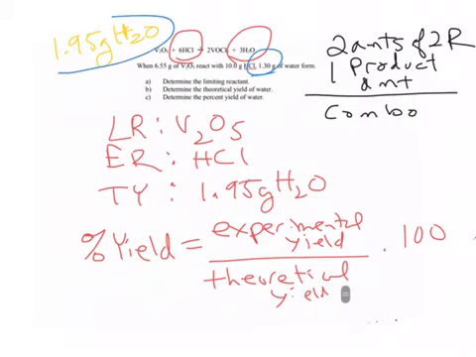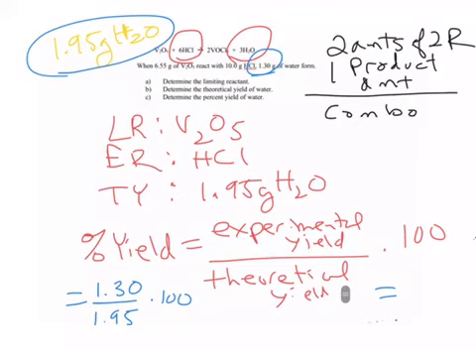This is our theoretical yield. We're going to have 1.30 divided by 1.95 times 100. And let's see what our percent yield will be then. We got 1.30 divided by 1.95, and that looks like 66.7%.